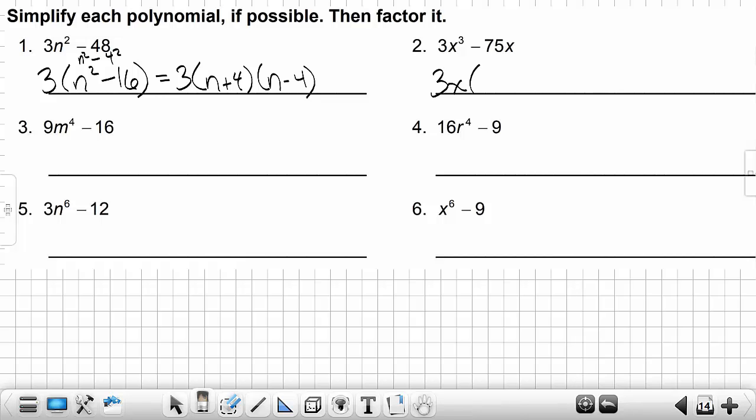If I factor 3x out of 3x cubed, what do I have left, Destiny? No, I factored 1x out of 3x cubed. So what would be left? How many x's? Yep. So it's x squared. And 75x, if I factor 3x out, what do I have left? 25.